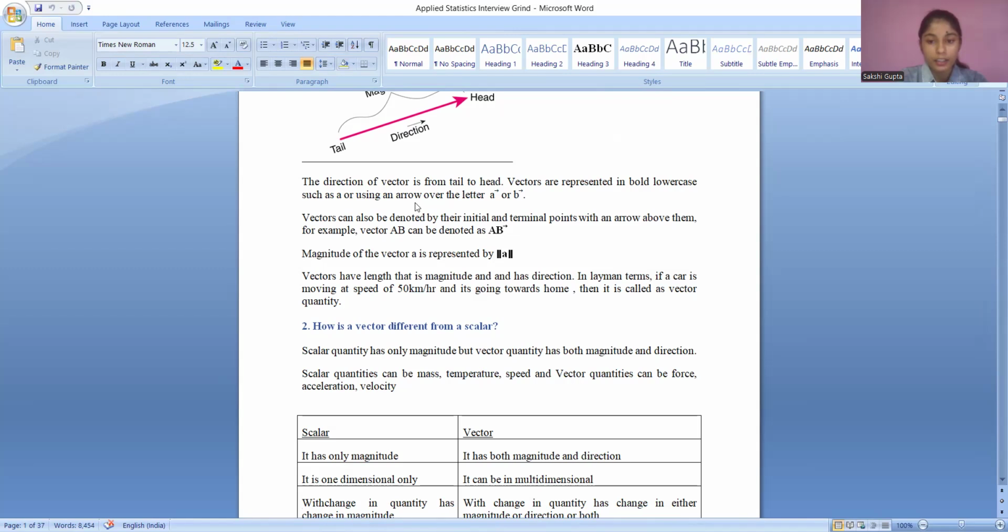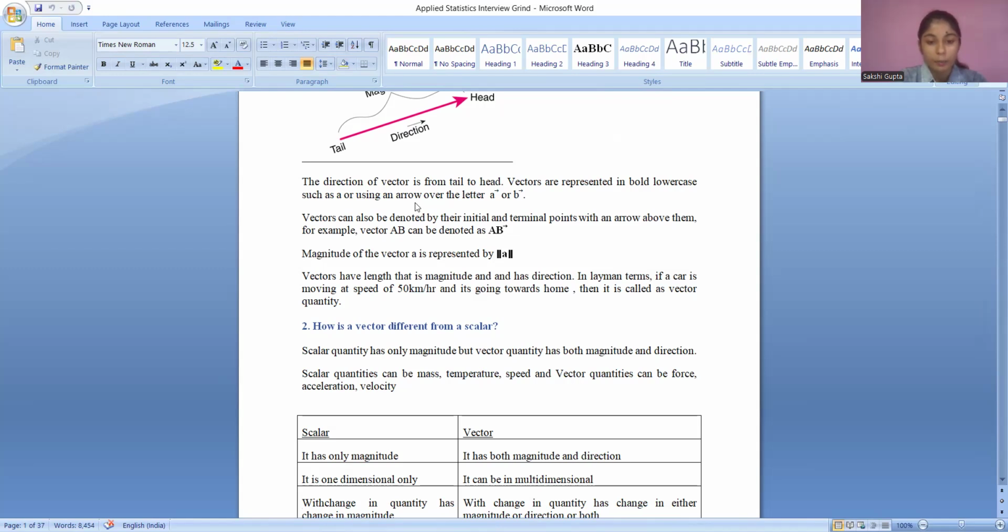Vectors are represented in bold lowercase, or using an arrow over the letter, such as A or a with an arrow. A vector can also be denoted by the initial and terminal point with an arrow above them. For example, vector AB can be denoted as vector AB.